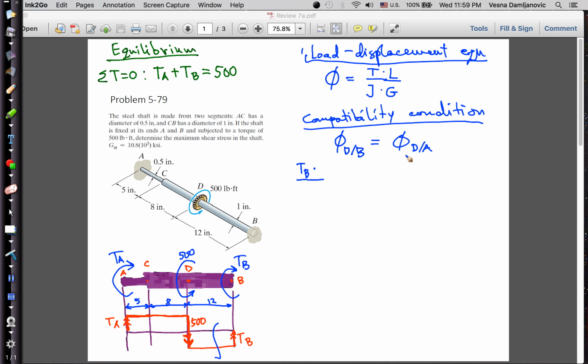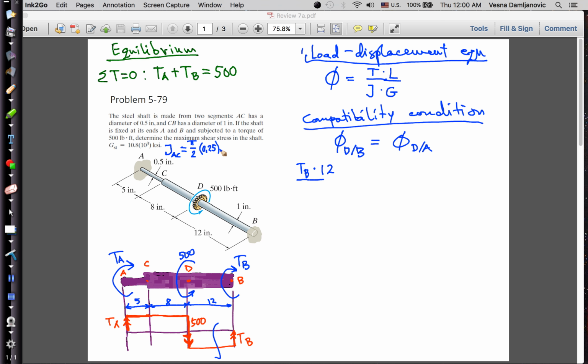So TB times 12 over, and now we have to calculate the two J's. The J for this guy here, so I'll call that JAC, is equal to pi over 2, and then the radius to the fourth power. The diameter is 0.5, so the radius is 0.25 to the fourth power. And this is in inches.